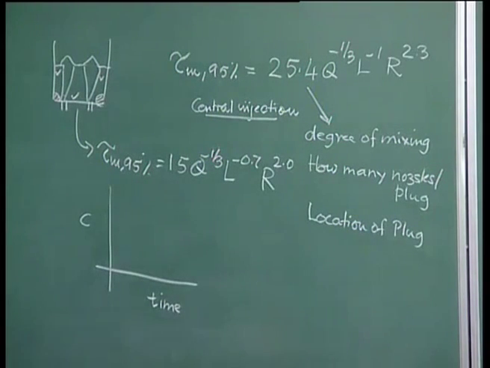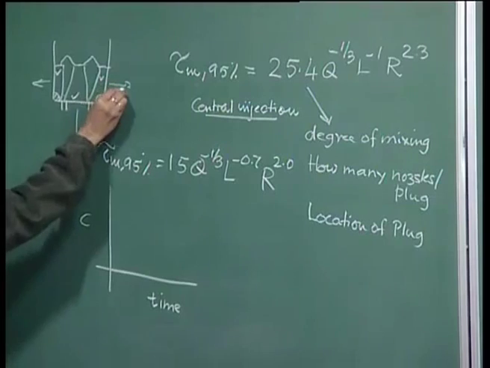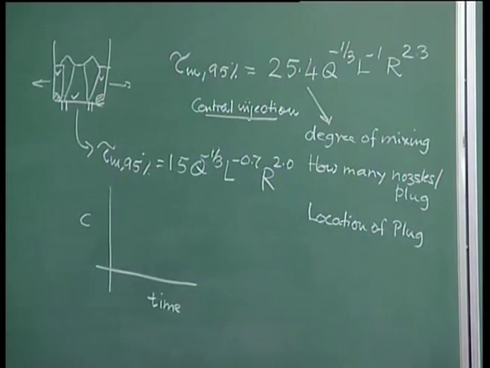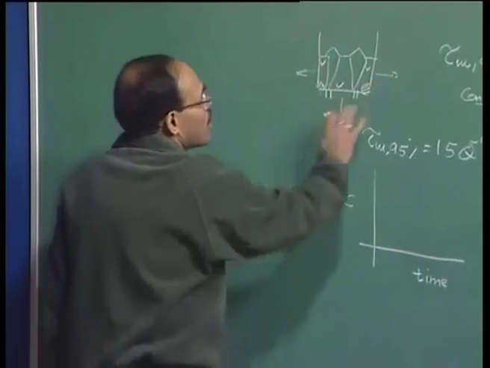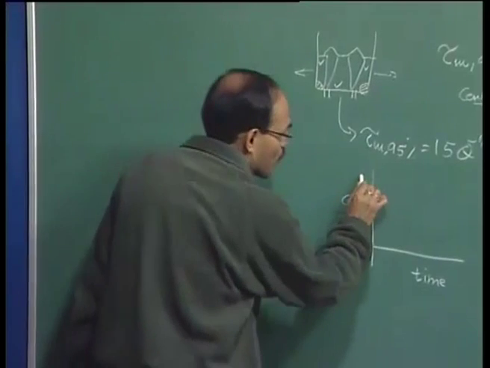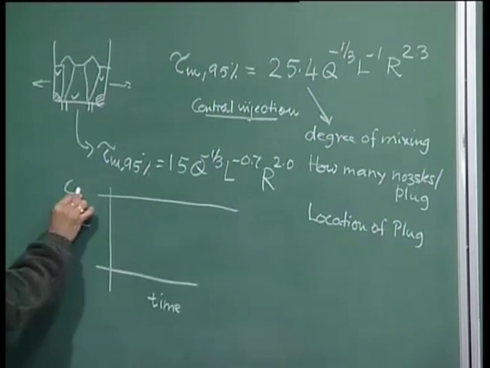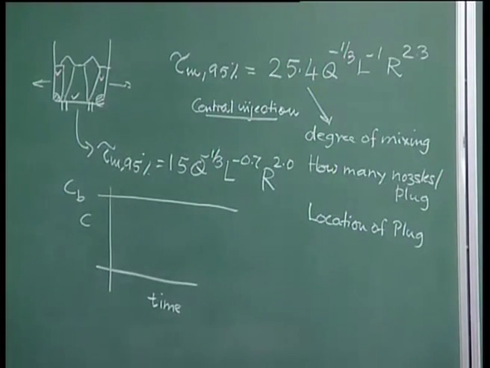Now, when a tracer or an element is added into the ladle, it cannot go out of the system. At a large amount of time, I will have a homogeneous concentration, and that concentration may be this level, which I say is Cb.